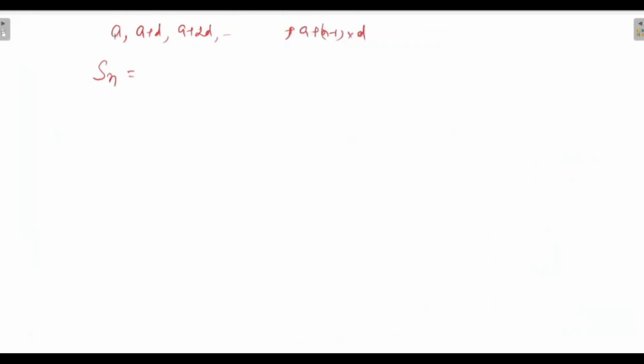So we are supposed to find the summation of all that. I'm writing a plus a plus d plus a plus 2d plus a plus 3d, and so on, until the last one, which will be a plus n minus 1 into d.